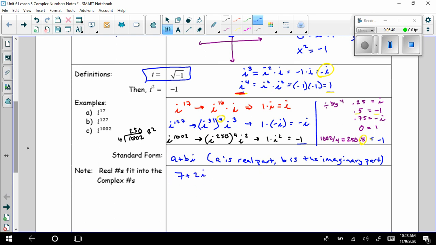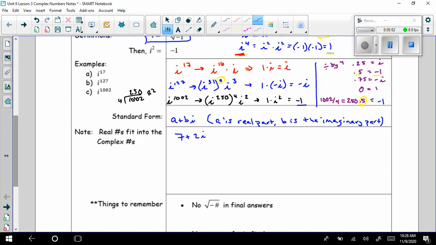Okay, remember that real numbers fit into the complex number system. So we have real numbers, and then we have complex.